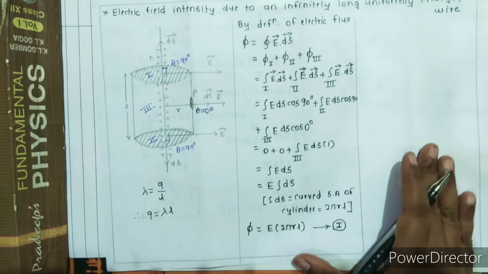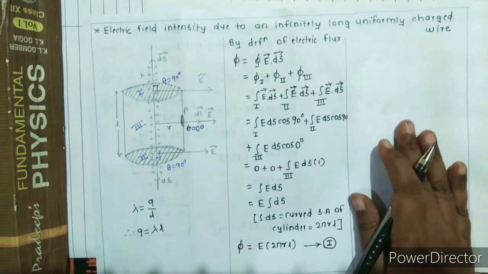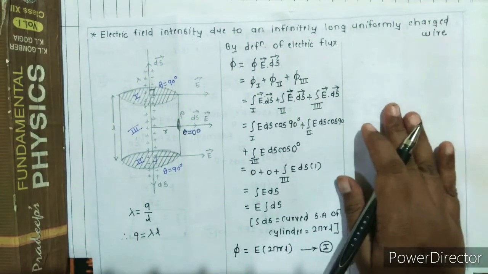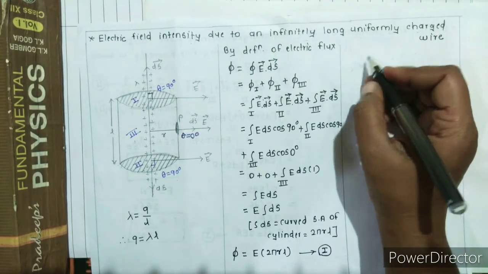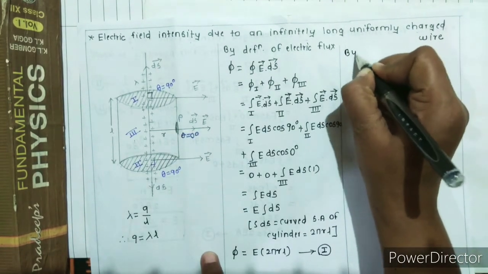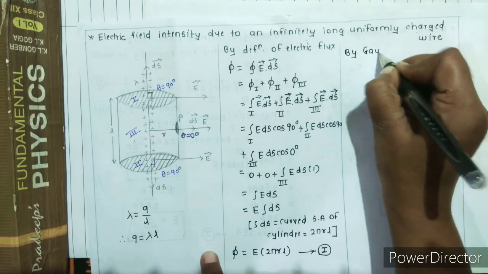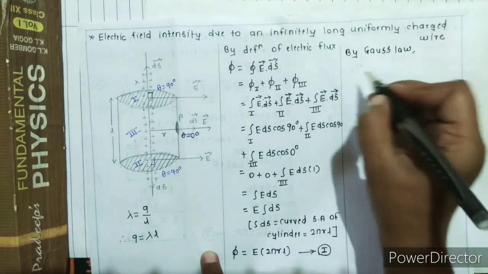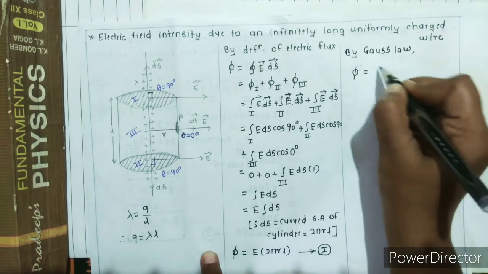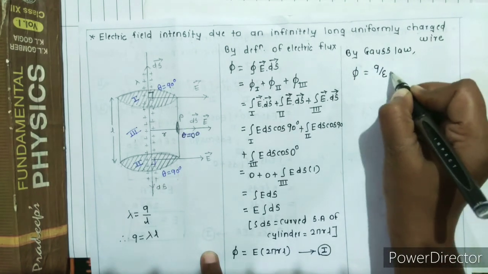Fine. Now I have to find the total electric flux by applying the Gauss law. By Gauss law, phi is equal to what? Q upon epsilon 0.